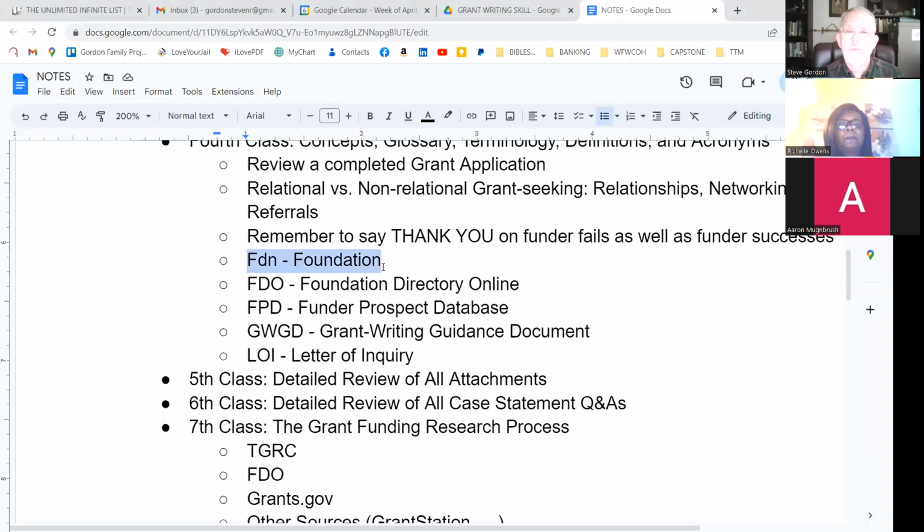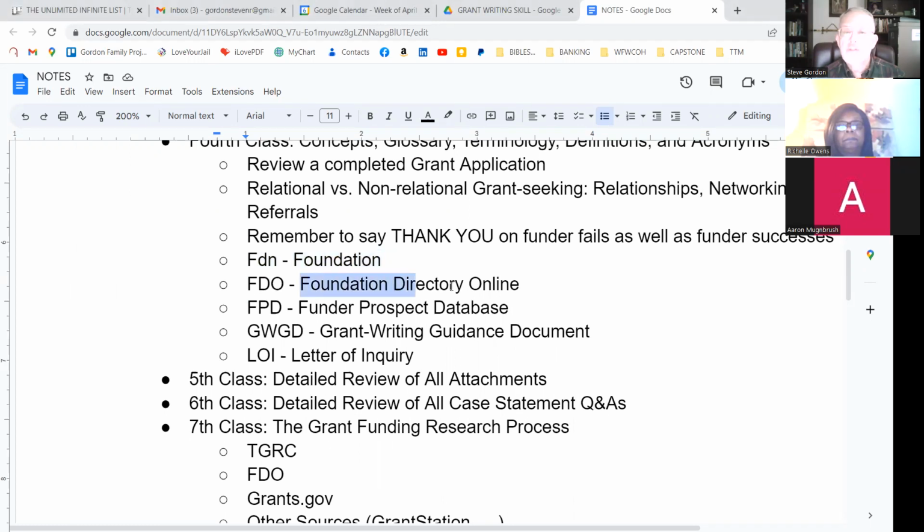In grant writing, I use some abbreviations that I think are helpful. I use the letters capital F, lowercase d, n, which is just short for foundation. Rather than type out the word foundation all the time, in your notes and in your database, just use FDN. But don't use it if you're putting the name of the organization on a letter. Always spell out the foundation's name fully. But in your internal communications, you can abbreviate foundation as FDN.